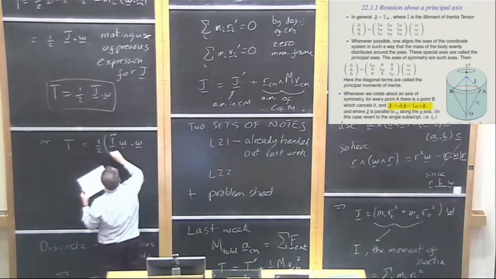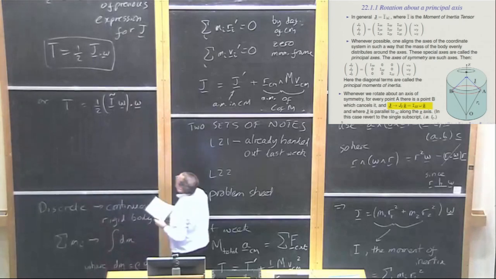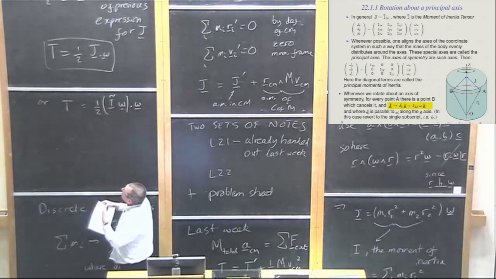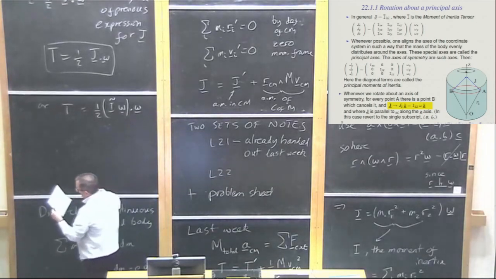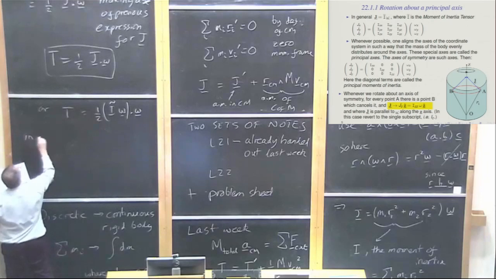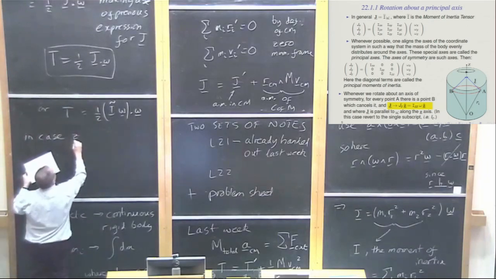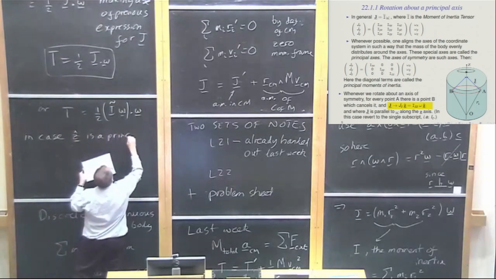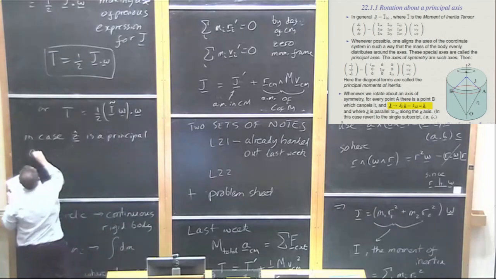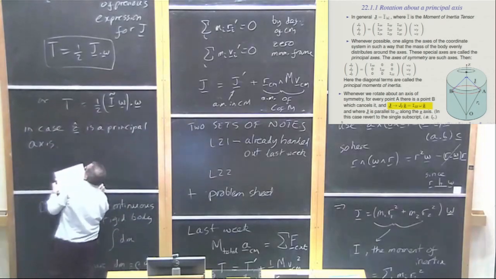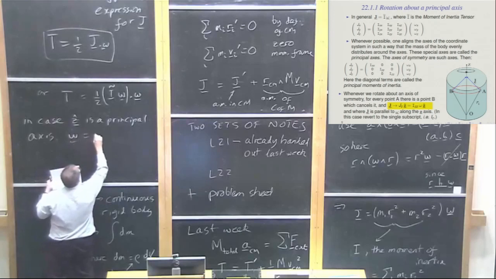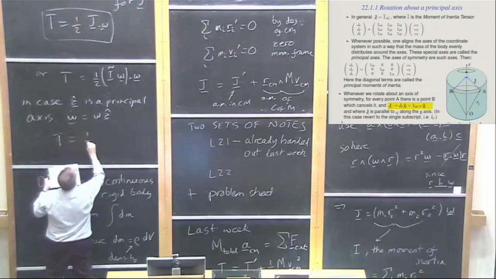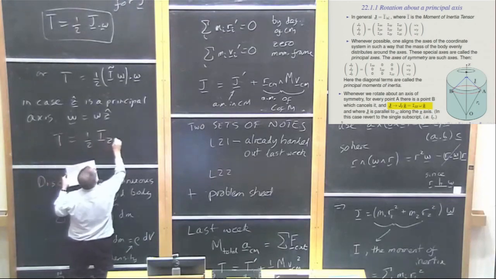This is making use of the full moment of inertia tensor. Or in the case where the axis of rotation is one of the principal axes, so in case z is a principal axis, and z is important because omega is in that direction, then this simplifies to a half I_z omega squared.